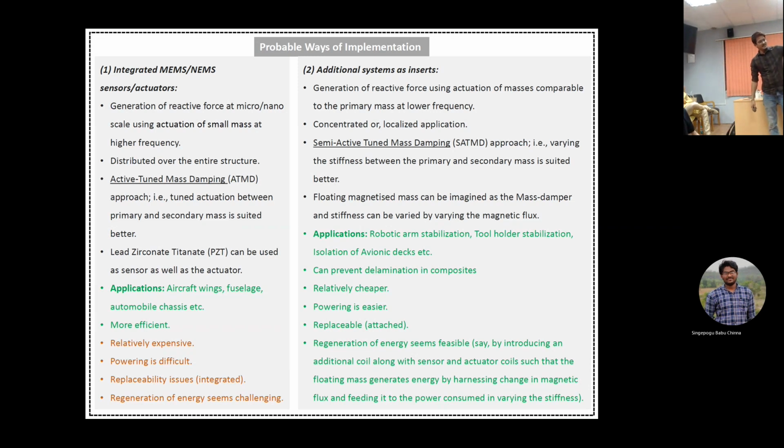It is relatively expensive, and powering will be difficult. Powering I see as easier when it is a discrete system in the structure, then it can be replaceable. Regeneration I can see is more achievable in that.